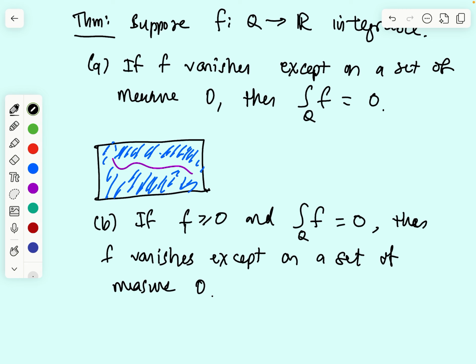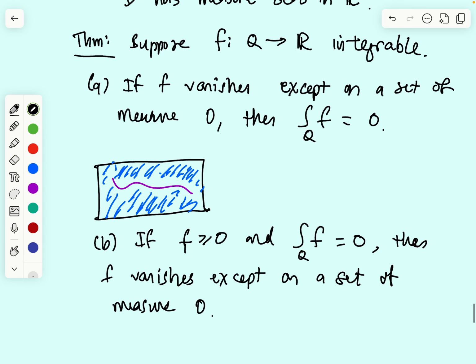So this theorem roughly says that sets of measure 0 don't affect the value of the integral. That's essentially what the theorem is saying, except this is stated using precise statements.